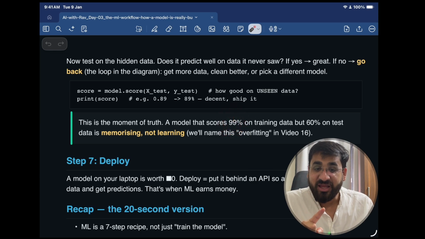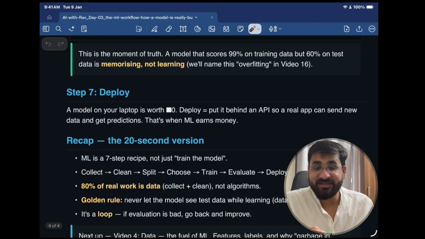But in a real environment, in production, your model will collapse. And this is called overfitting, where it is just memorizing, not learning. This is a very, very important concept. And now at the end is deploy. It's worth nothing if it is working only on your laptop, right?